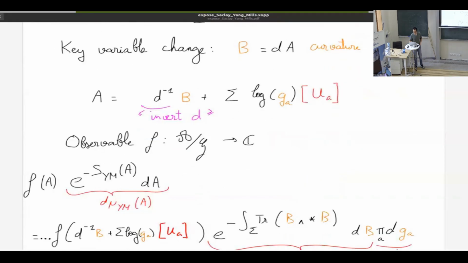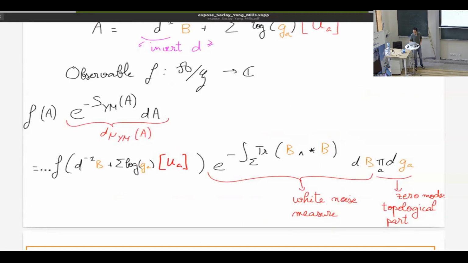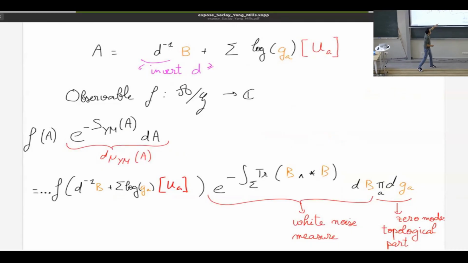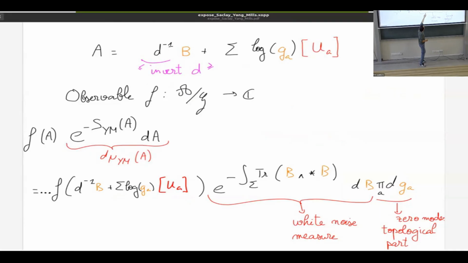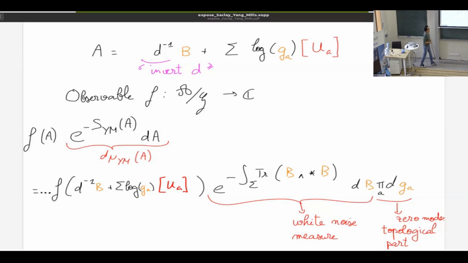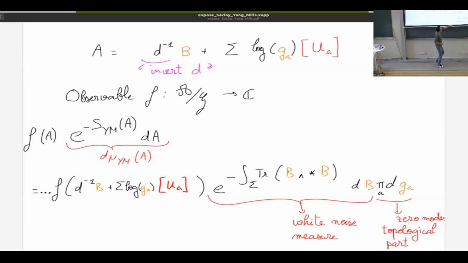And once you do this change of variable, you see that your Yang-Mills measure becomes a Gaussian measure over B times a certain product of group elements in the Lie group that are indexed by the critical points of index 1 of your Morse function. And these Lie group elements play the role of the 0 modes, in fact, of your theory.